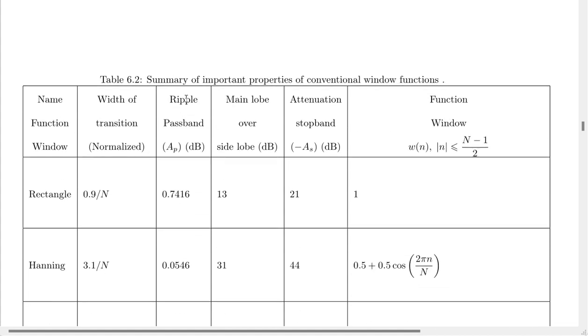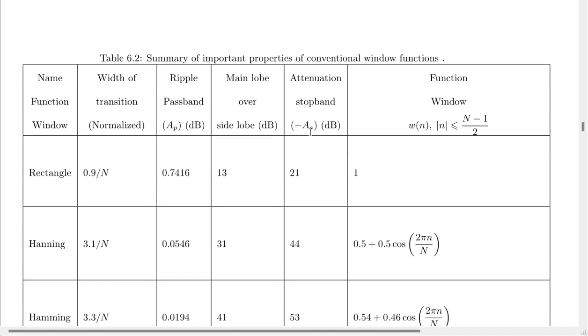Now, ignore the third column, ignore the fourth column, but start the operations from 1, 2, 3, 4, column 5. The specification had told 40 dB attenuation.